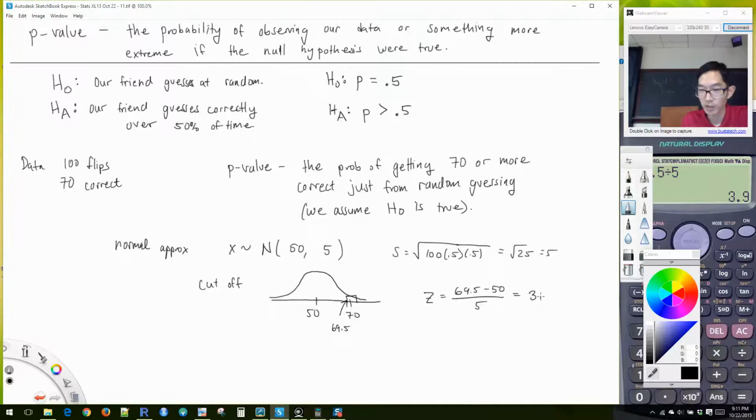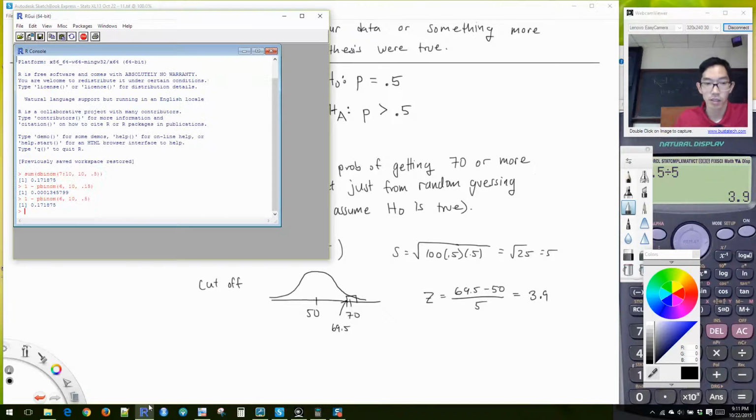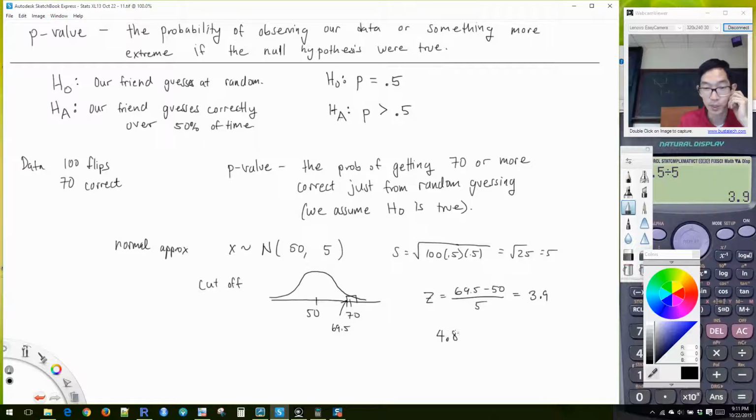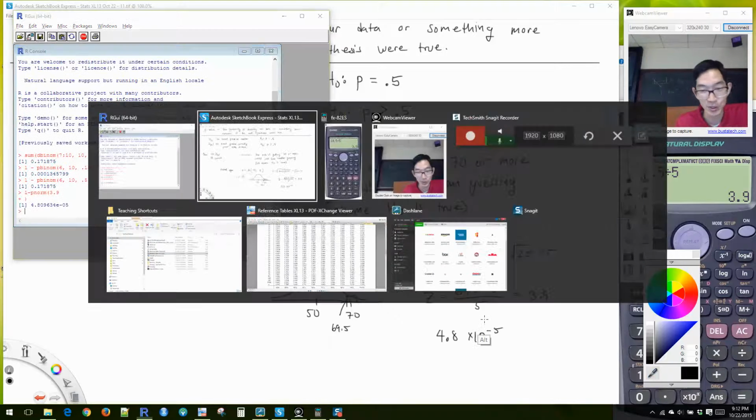So I'm 3.9 standard deviations away, and I want to know the area to the right of that. I can do 1 minus pnorm of 3.9, and I get 4.8 times 10 to the negative 5.